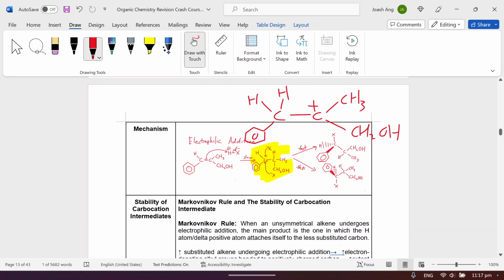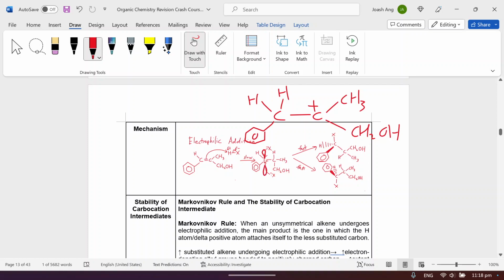However, take note that the unhybridized p orbital on the positively charged carbon right here can actually sideway overlap with the pi electron cloud of your benzene ring. And this causes the delocalization of pi electrons from the benzene ring into the positively charged carbon of the carbocation.